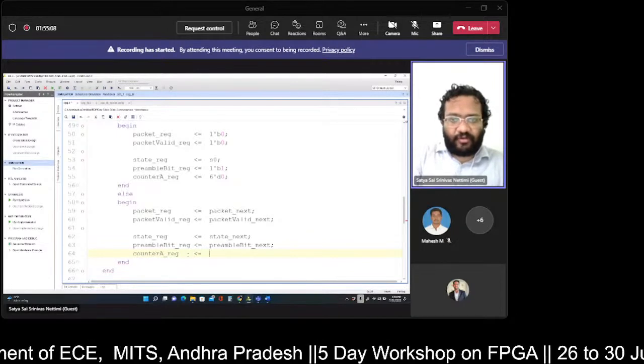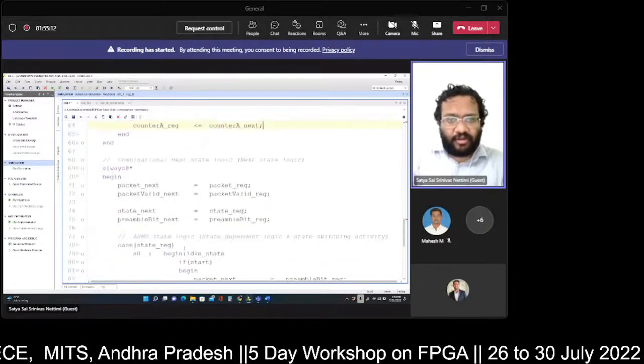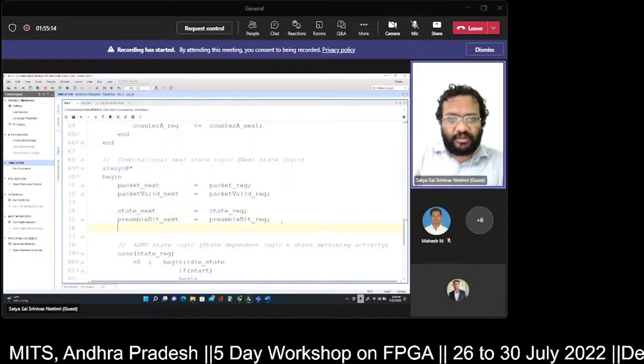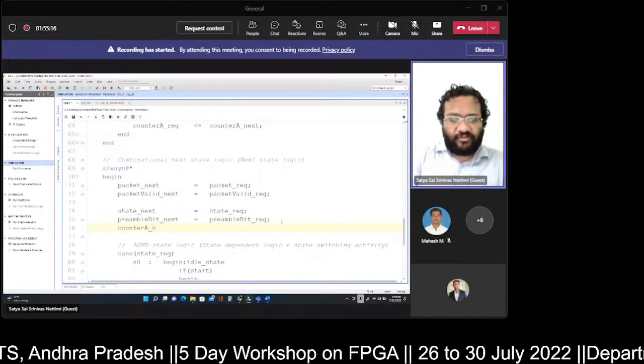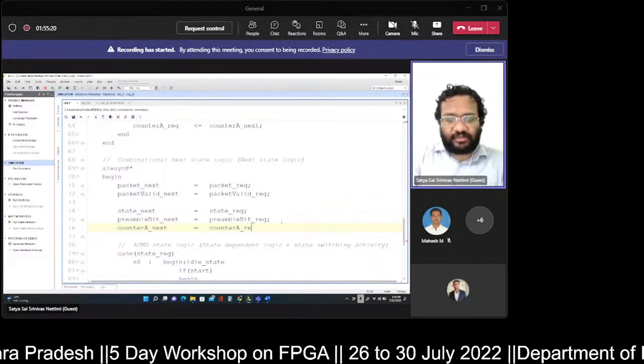The counter should follow the next state logic. In the ideal case, the state logic should follow the counter register.